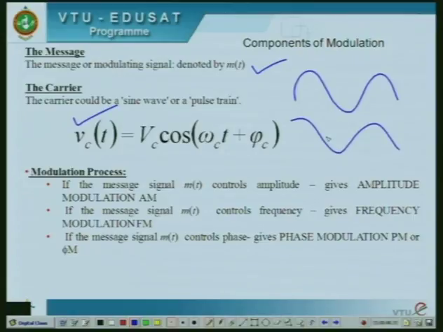This cos signal has an amplitude called Vc, a frequency called omega c, and a phase called phi c. So there are three important parameters in the carrier signal: the amplitude given by Vc, the frequency given by omega c, and the phase of the carrier given by phi c.